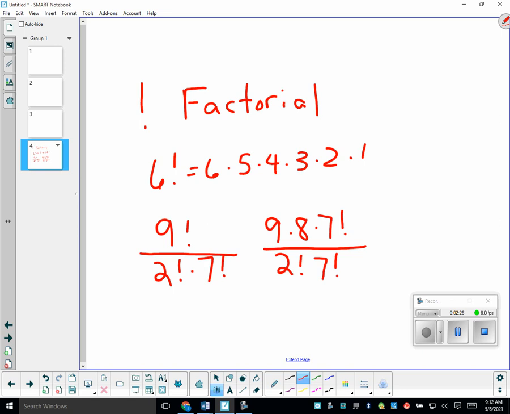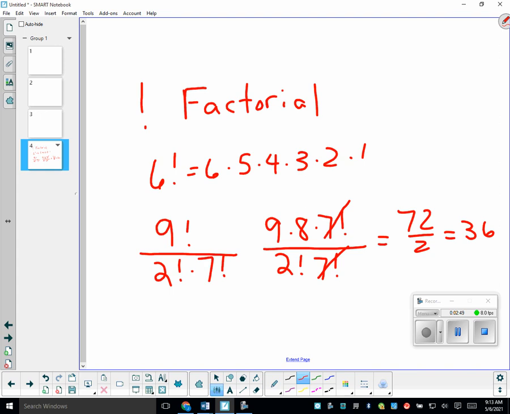What will cancel? 7 factorial. So now what I actually have is 9 times 8 over 2, which is 36. So it's not as bad as you thought.